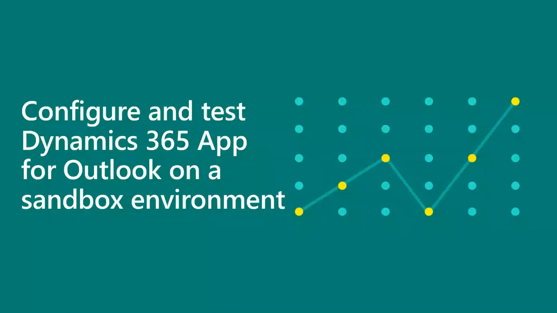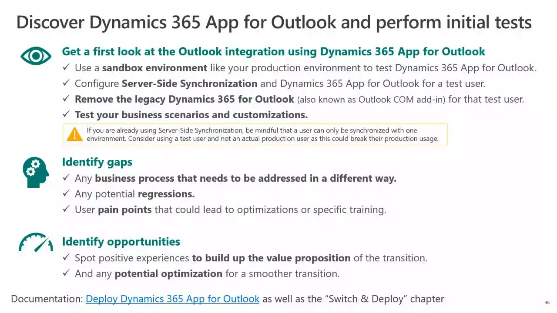Once that's done and you're ready to move on with your test, you should configure the app for Outlook on the sandbox environment. For that, you need to configure server-side synchronization and configure the app for Outlook for a test user. You should remove the legacy Dynamics 365 for Outlook command bar for that test user and then test your business scenarios and customizations.